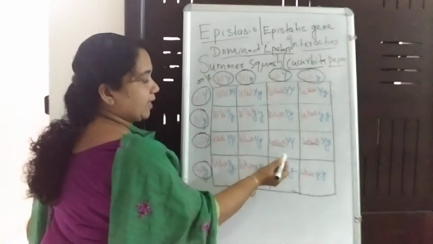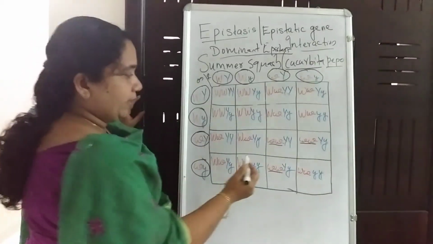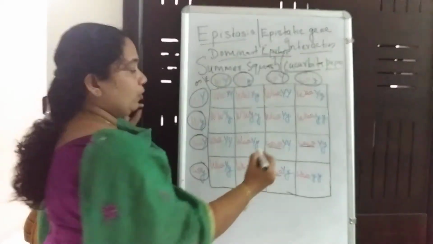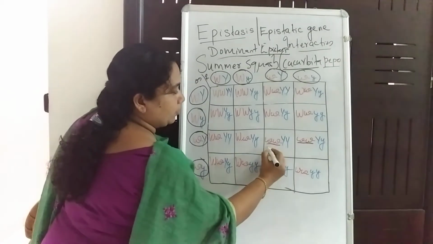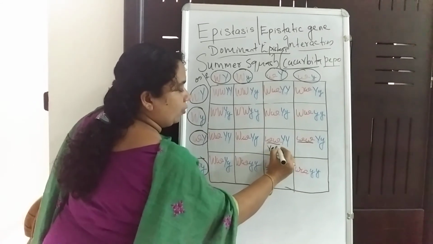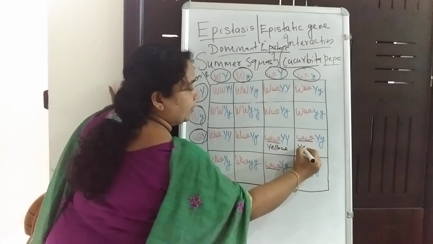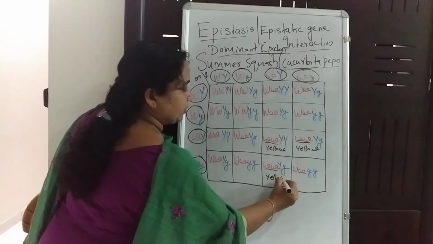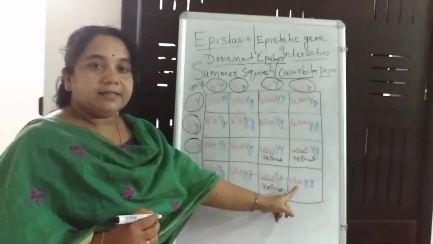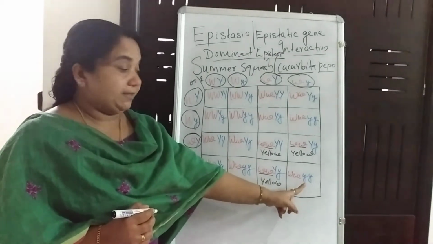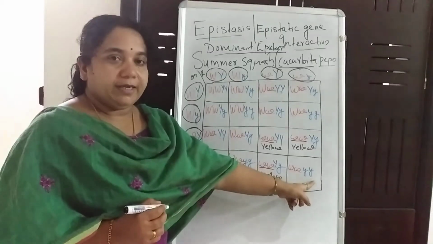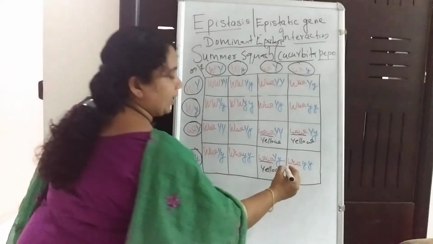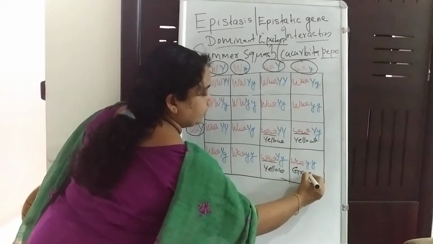Then what about the other gene? Capital Y is there for here, here and here. So these three progeny will be yellow colored fruit. But here, since capital Y is not there and there is no capital W, the fruit color will be green.